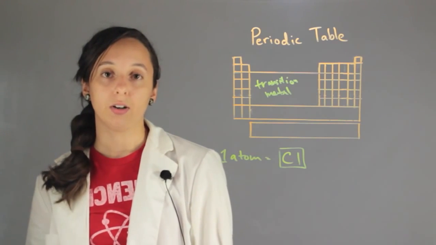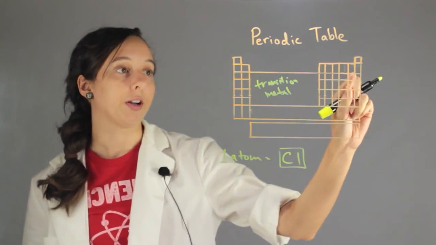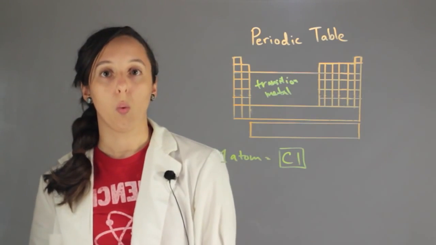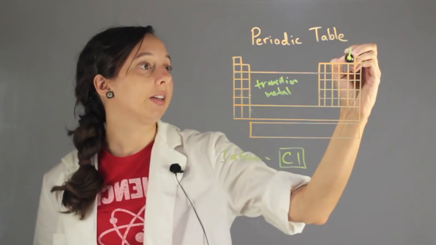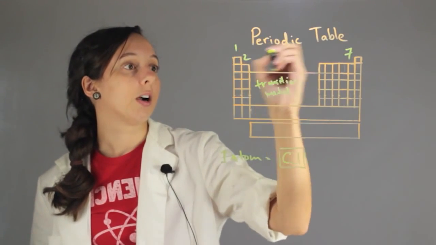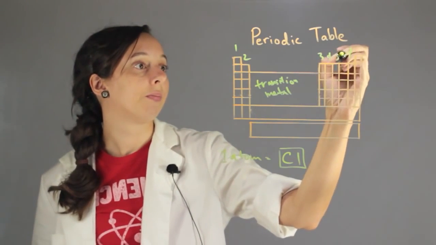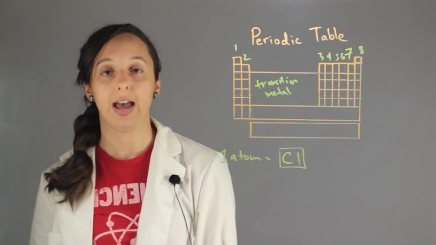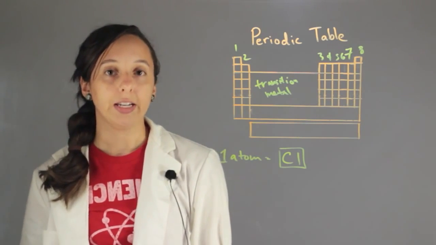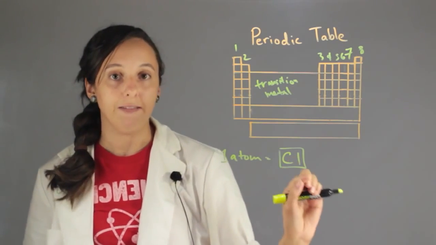Well, we just have to find our atom on the periodic table and figure out what group it's in. So chlorine happens to be in group 7 here. The groups are labeled like this. And whatever group it is indicates how many valence electrons it has. And remember that each atom wants to get to 8 valence electrons.